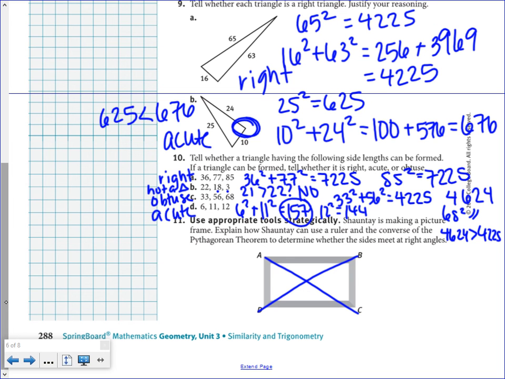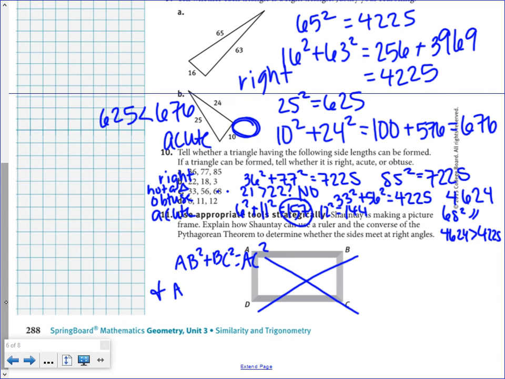So if your side lengths, AB squared plus BC squared equals AC squared, and AD squared plus DC squared equals AC squared, and if BC squared plus CD squared equals BD squared, then you have two right angles because you have two triangles that work with the Pythagorean theorem, and so then your diagonals would have to be congruent.